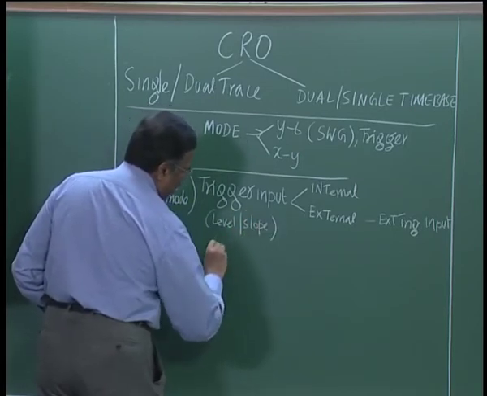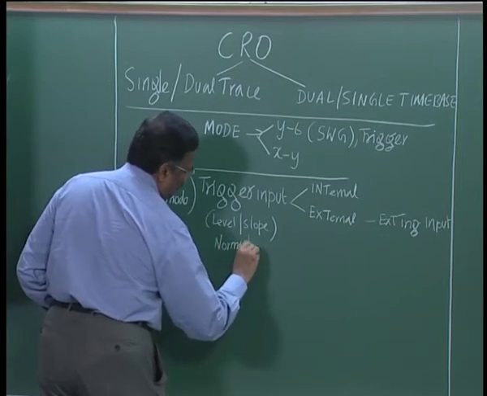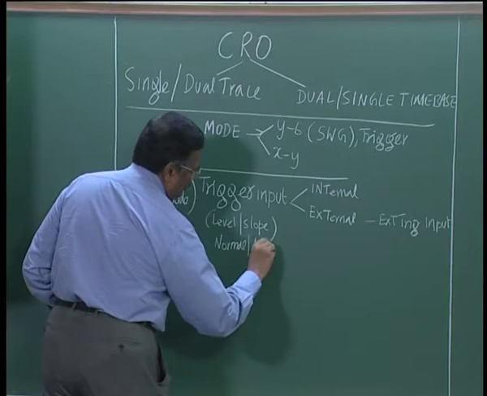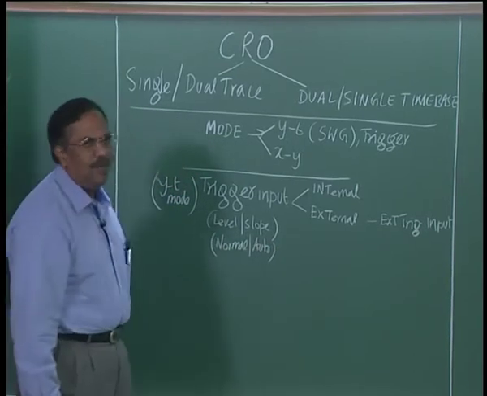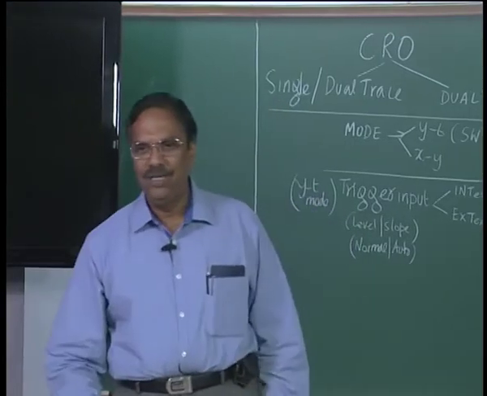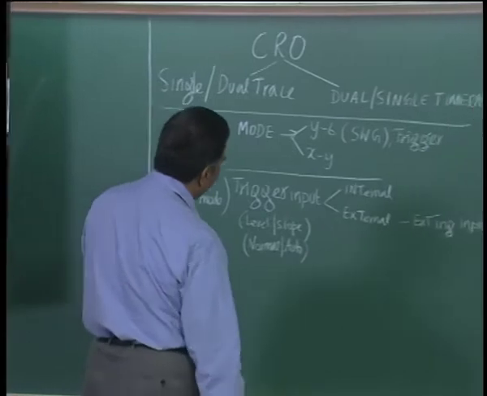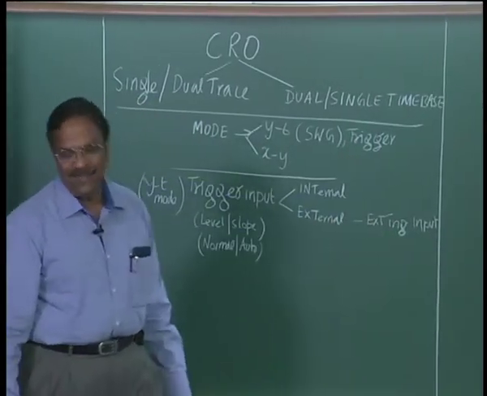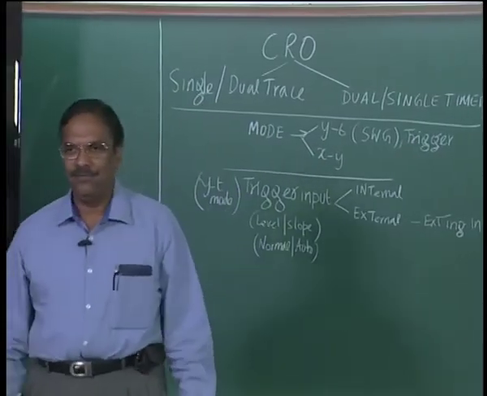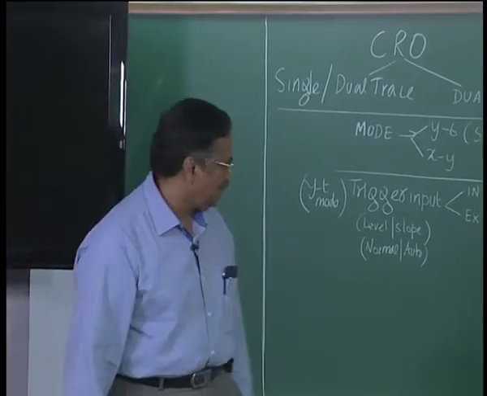Sometimes the manufacturer also gives you normal mode. In the normal mode, which is also called manual mode, you have to set the level and the slope. In the auto mode there is an internal circuit in the oscilloscope that finds out what is the best level for your input signal and sets that level and the slope, okay.